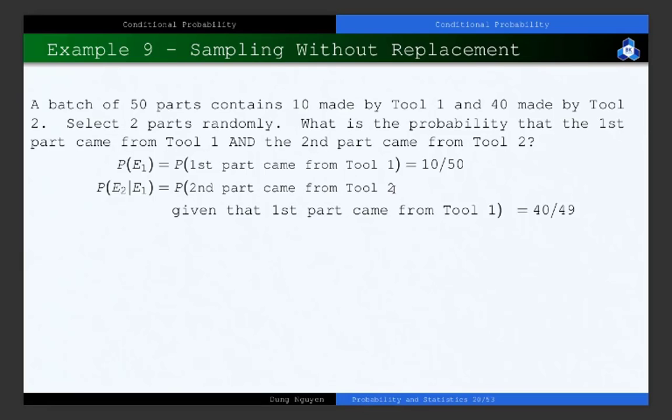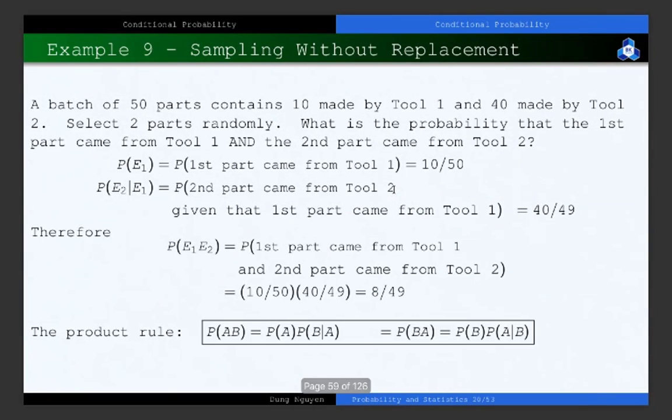After you select the first part, there are only 49 parts left, and 40 of them are made by supplier 2. Therefore, the probability of E2 given E1 is 40 over 49. Then the probability of the intersection is 10 over 50 times 40 over 49, and you simplify the fraction to get 8 over 49.